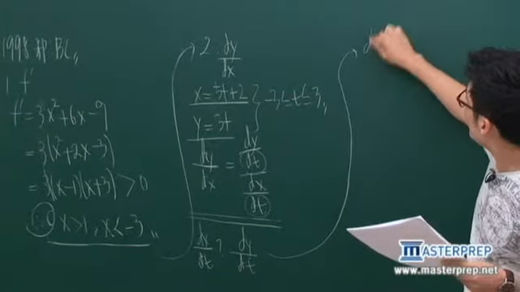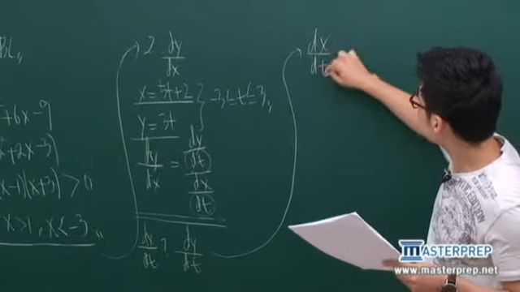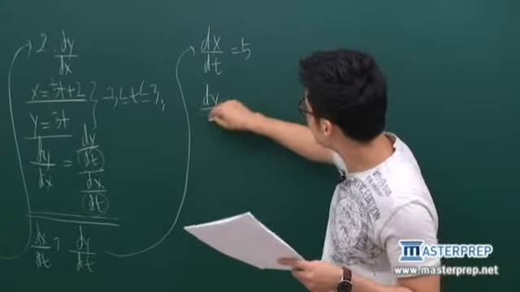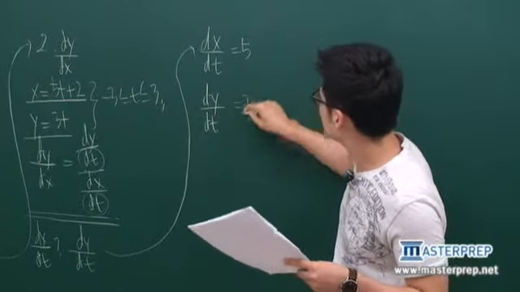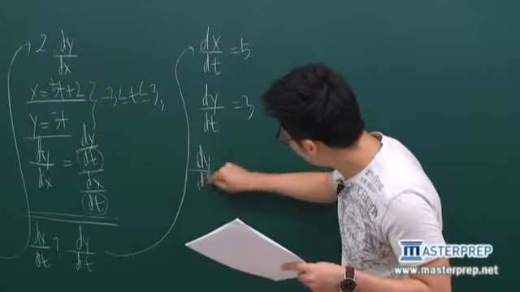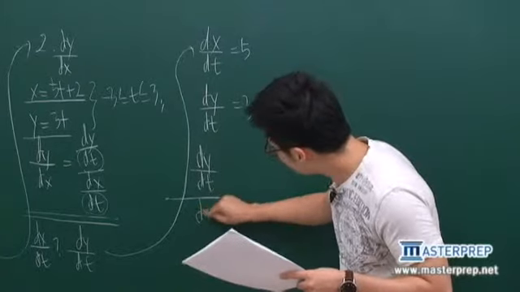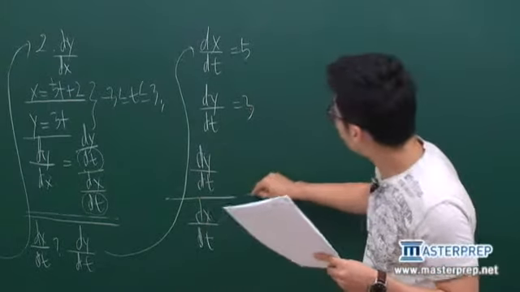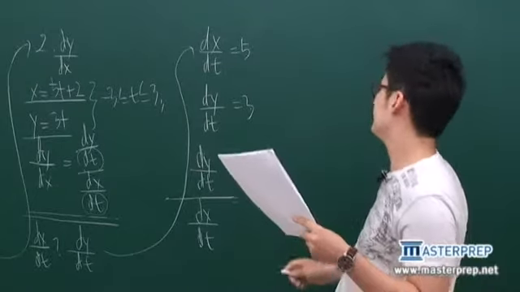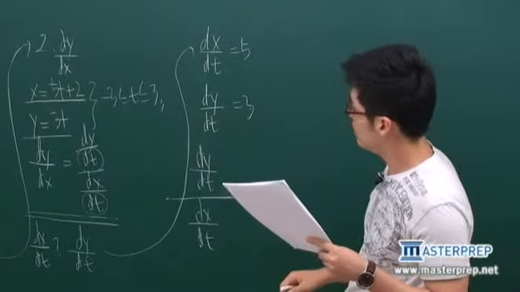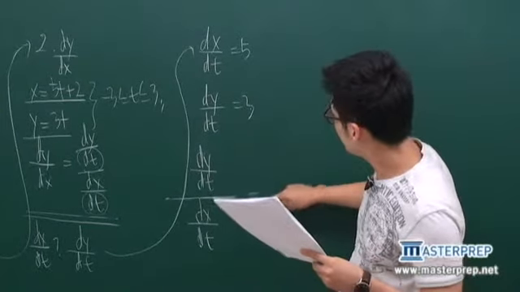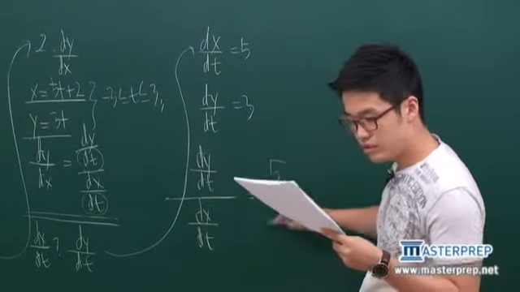Dx over dt is equal to 5, and dy over dt is equal to 3. Well, dy over dt over dx over dt is equal to, well, 5, right? Is it 5? Dx over dt is 5. 5 over 3.